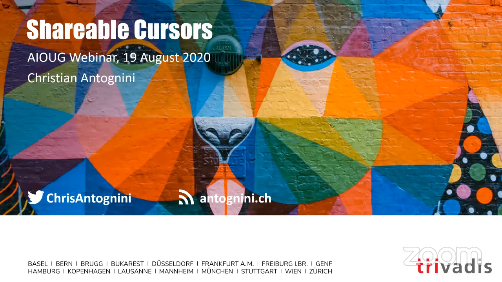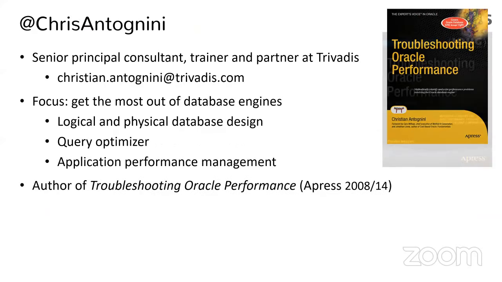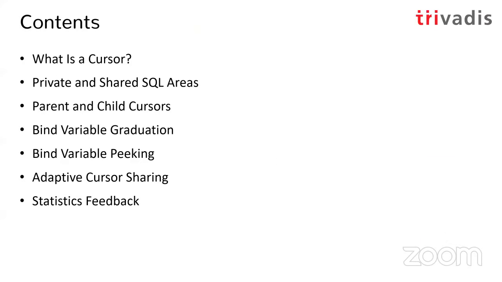Okay, I will skip my introduction because it was already done. Quickly about the content. Of course, I will start covering what a cursor is. Then we will talk about private and shared SQL area. What are the differences between the two and what they contain? Then we will talk about what is a parent and what is a child cursor, and again, what is the difference between the two.